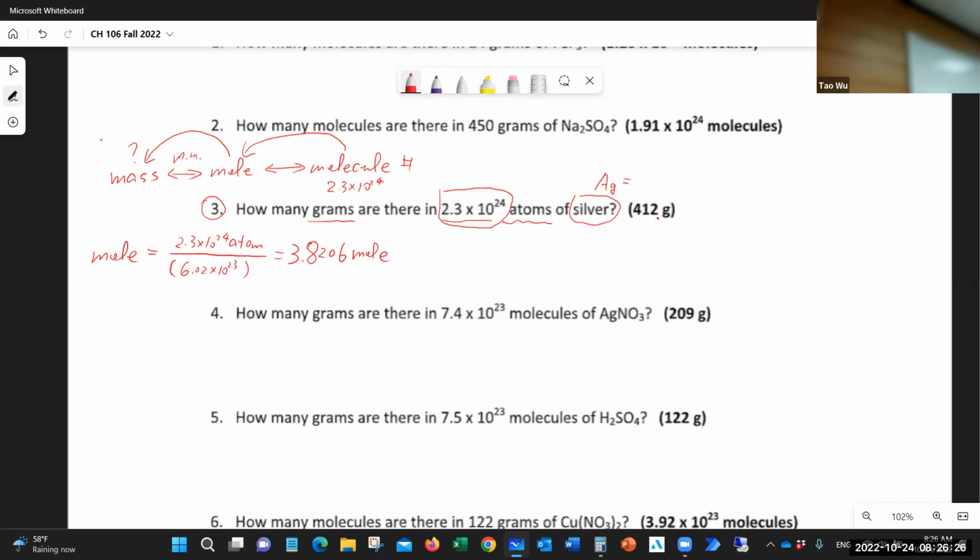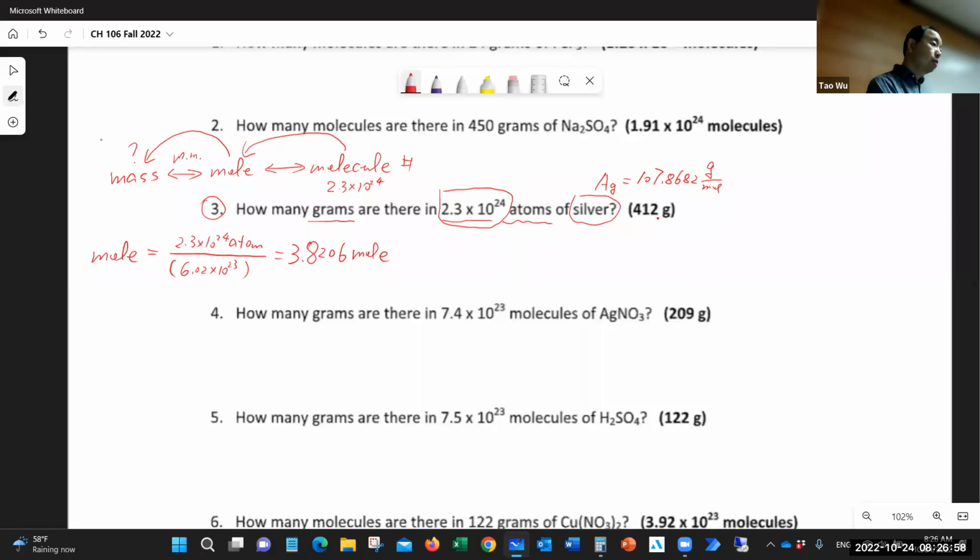That's 107.8682, and this is in gram per mole. So 1 mole of silver is 107.8682 gram. You can see the molar mass of silver is pretty heavy.